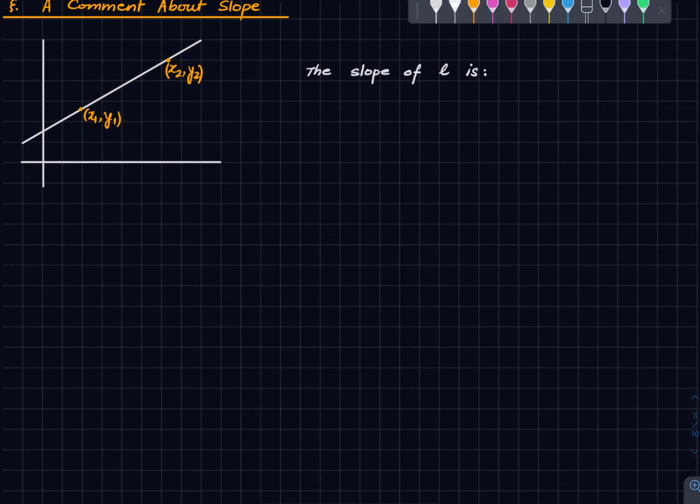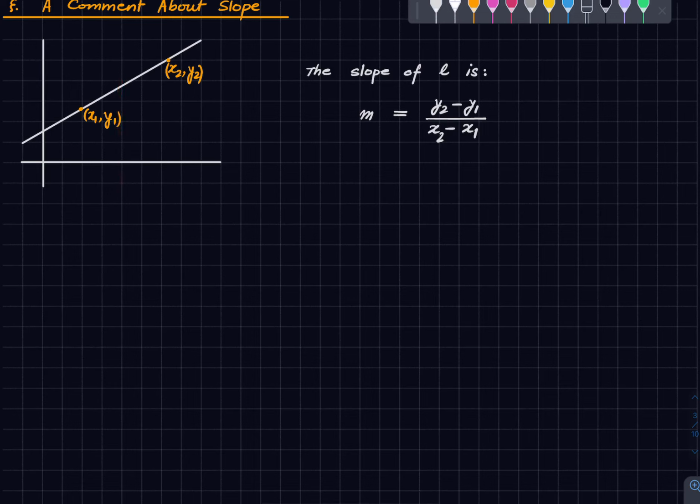So I don't want to do this in too much detail. Directly, let me just write that the slope of the line is m, which is given by this formula. And this works regardless of the fact that this line could be vertical. If the line is vertical, then x2 and x1 would coincide.